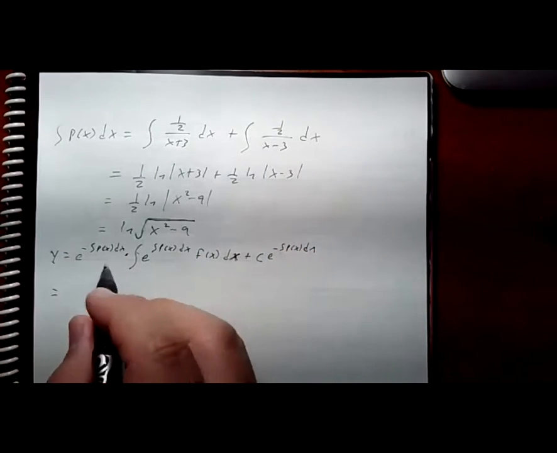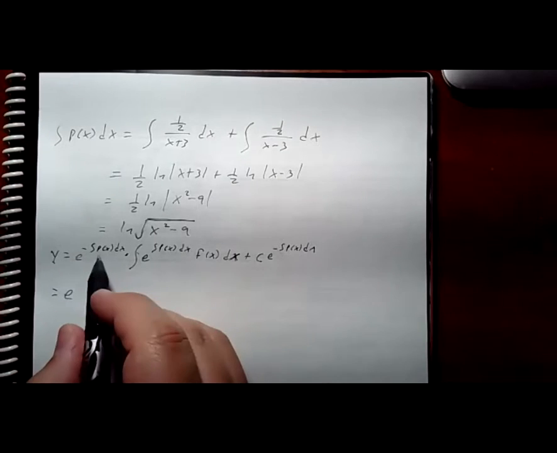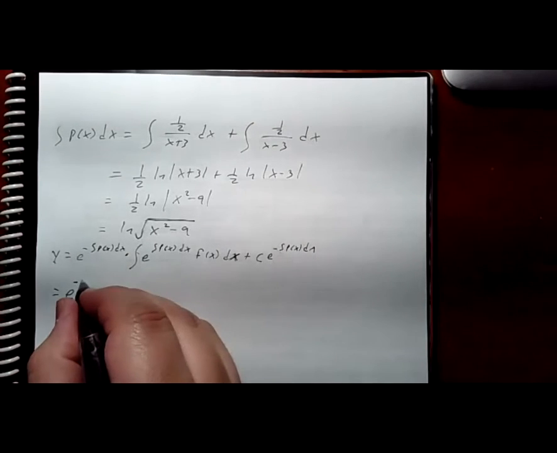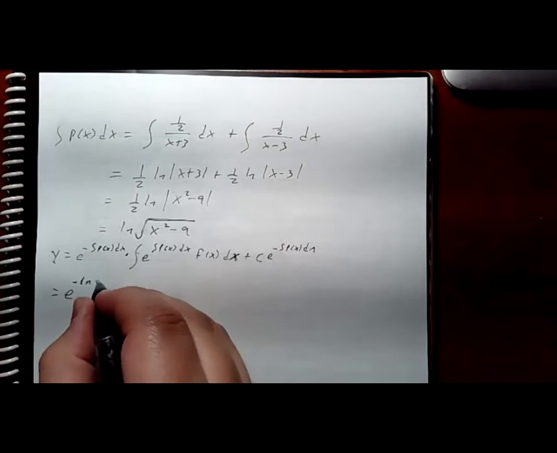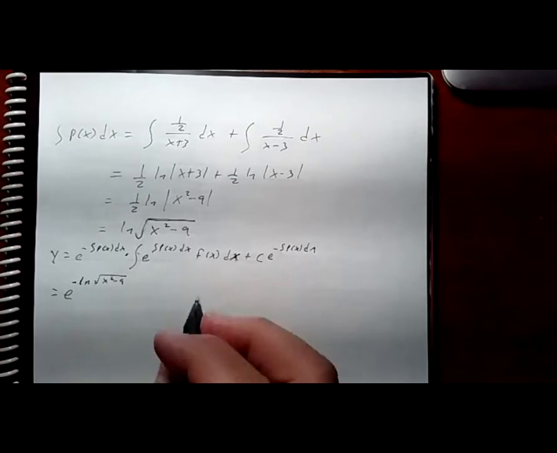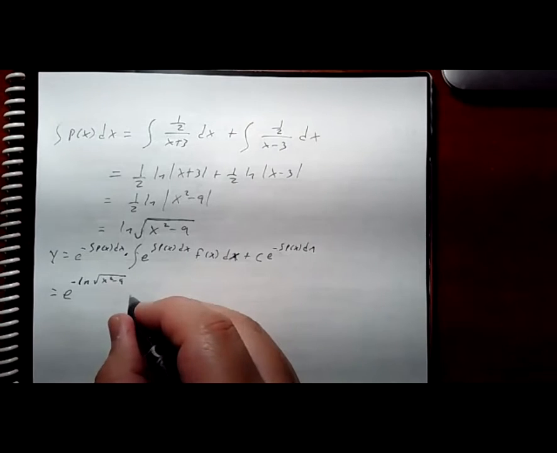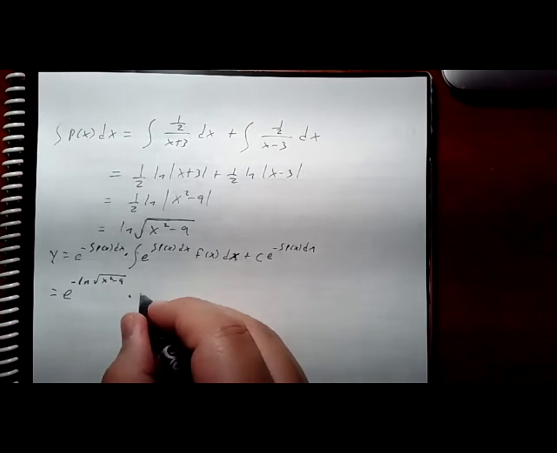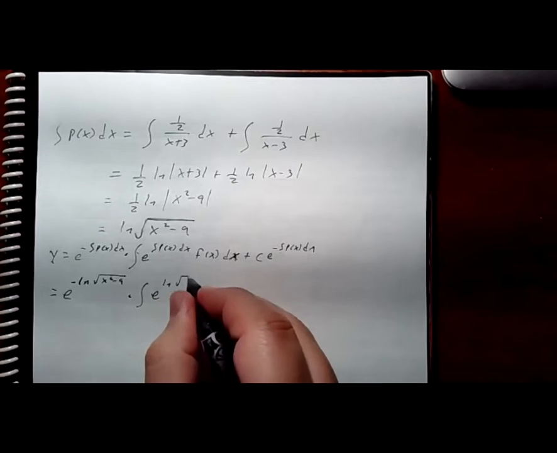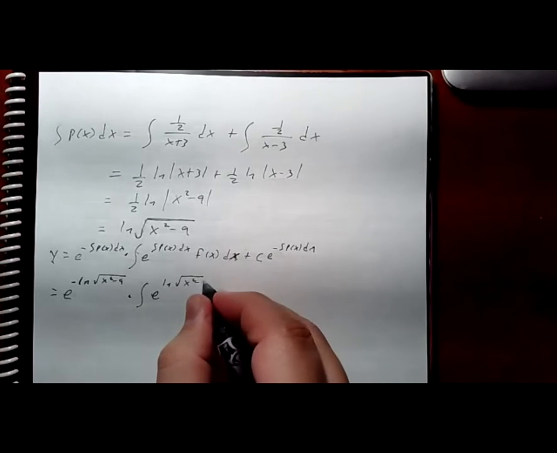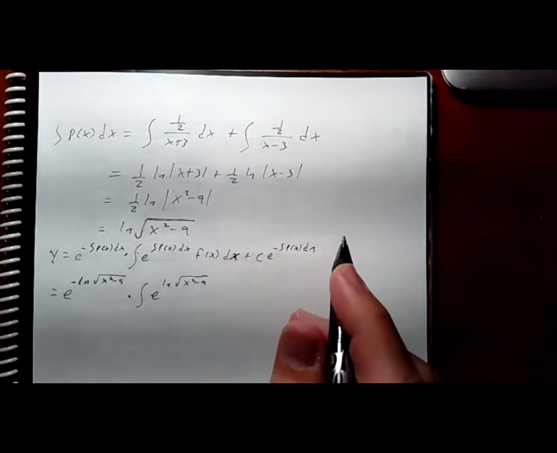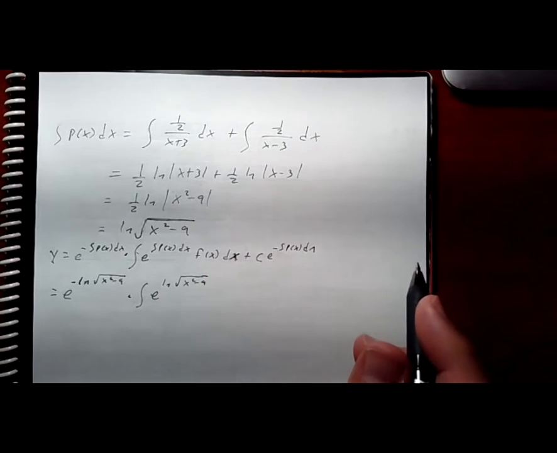We already did the integral of p, so that'd be e to the negative ln square root of x squared minus 9, times the integral of e to the ln square root of x squared minus 9 times f, which was 0.